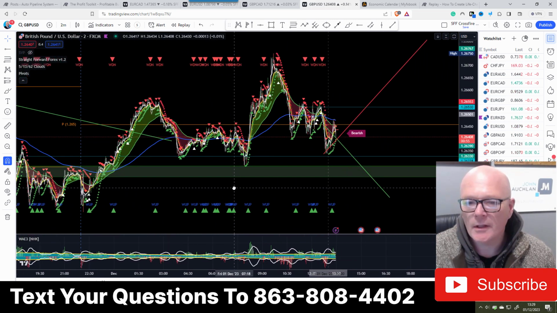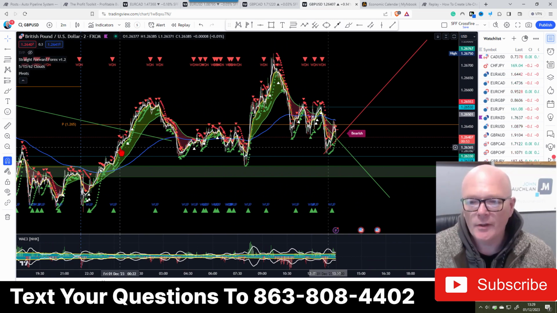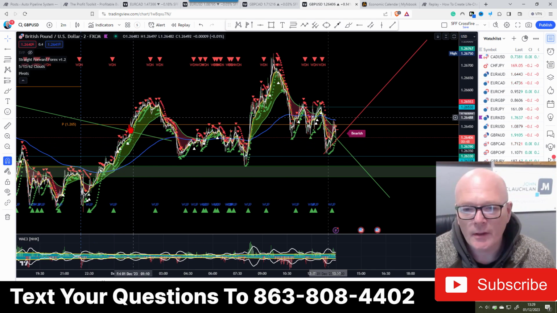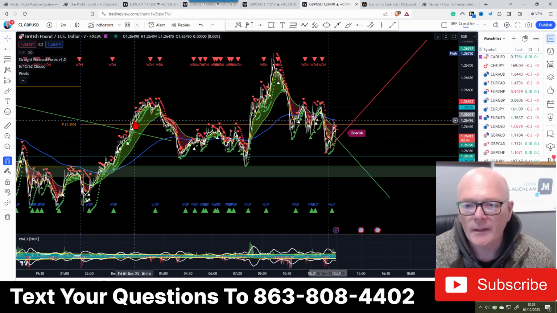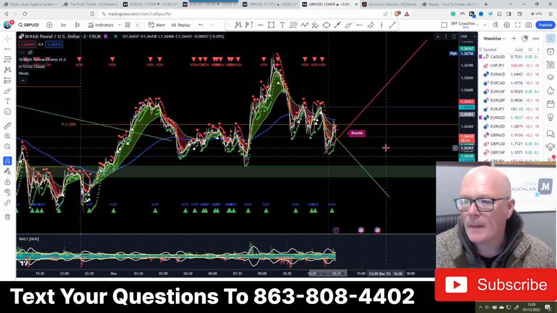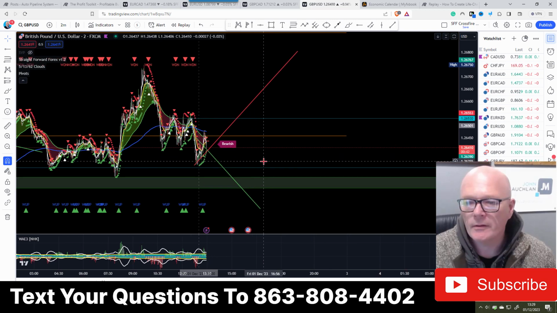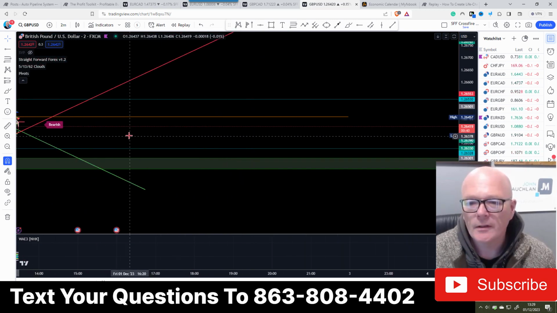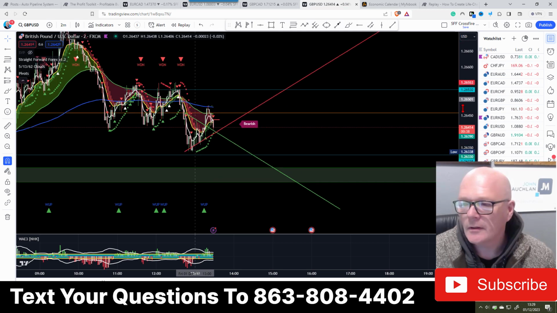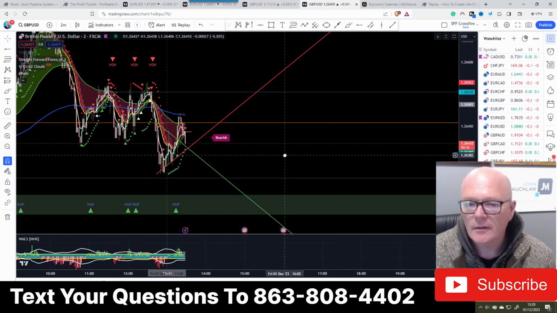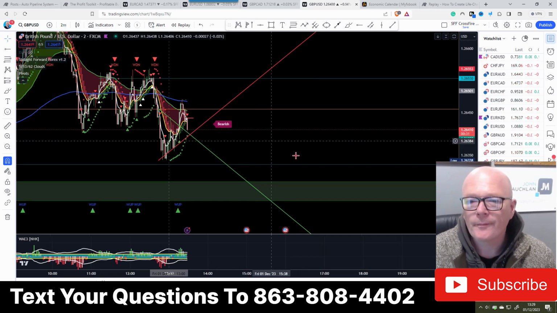If I'm going to use pivots for any sort of assessment, I always like price to go through the P line, the pivot line, before I consider using pivots. Pivots are good areas of support and resistance, and where price may potentially go.